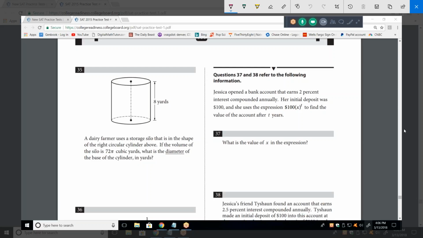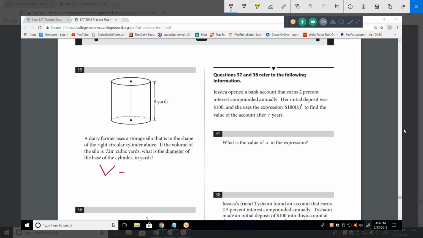The one thing you need to know to do this problem is the formula for the volume of a cylinder. SAT gives you these formulas at the beginning of the math section. They give you a whole page of these. Rather than me scrolling up and finding it, I'll just give it to you.